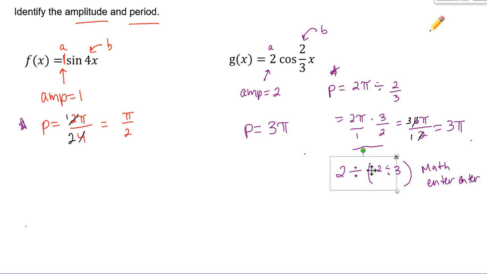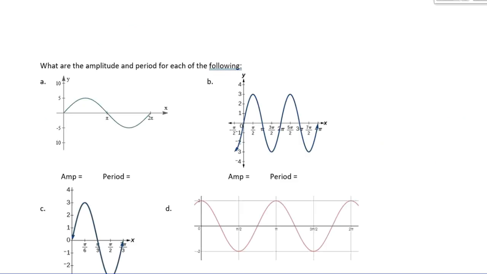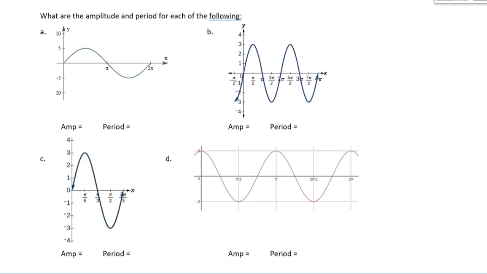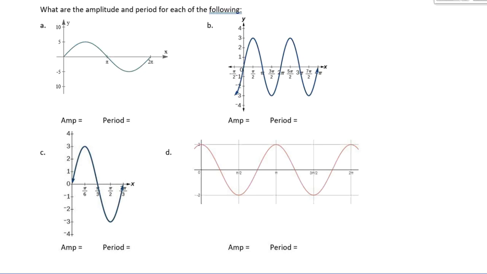If you plug that into the calculator, it would spit out 3, and then you throw the pi back on there. So you can do it with the calculator. Just don't plug in pi, just put it in your answer. Okay, amplitude and period, those are the two main things that you have to be able to identify to graph sine and cosine functions.